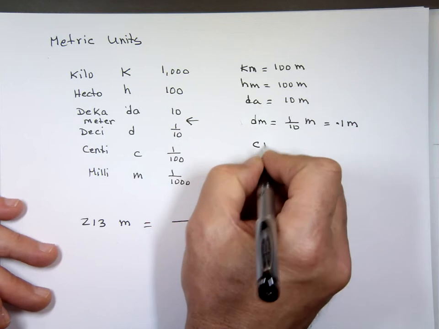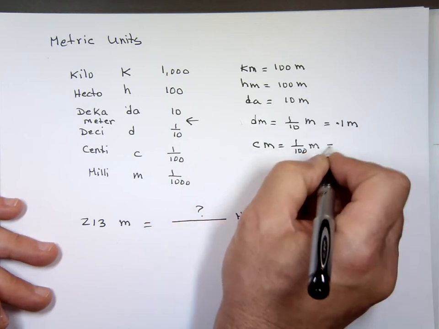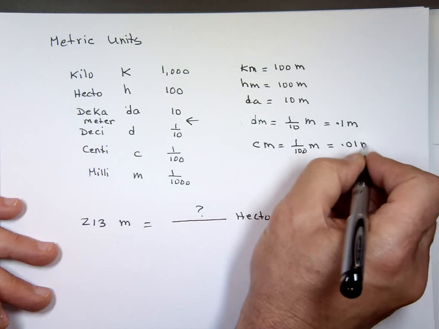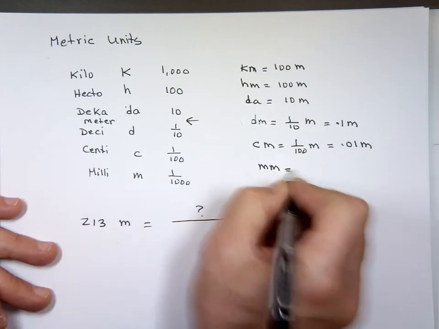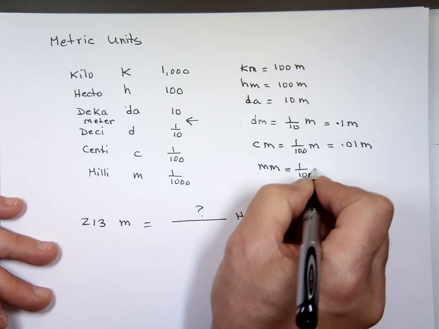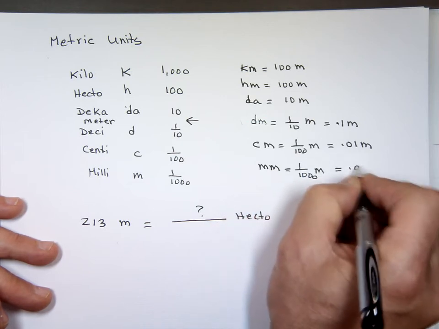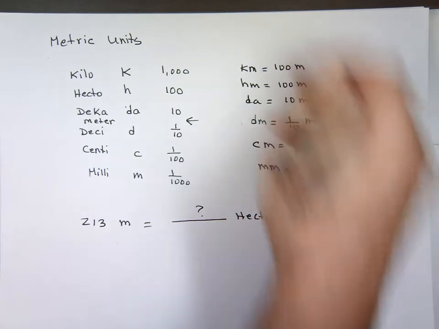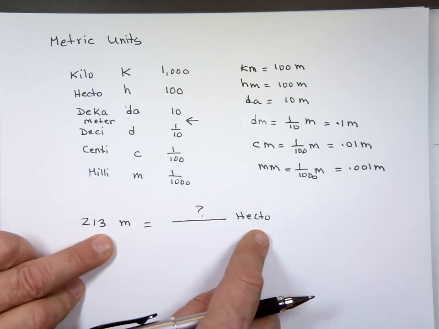Centimeters, it's 1/100th of a meter, which is 0.01 meter. And millimeter, it's 1/1,000 of a meter, which is 0.001 meters. Once I say that, then I know there's a relationship between hectometers and meters.